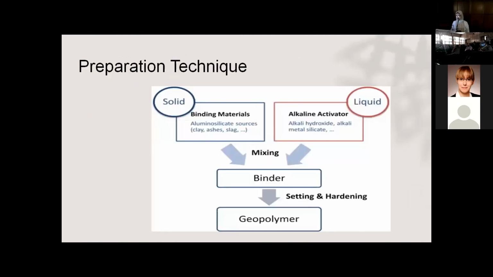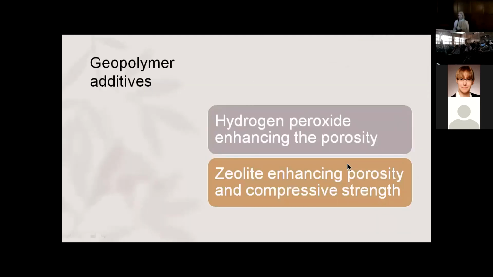The preparation technique consists of mainly two steps. The first one is mixing the solid and liquid raw material sources, and if we have additives, we add them also to form the binder. Then curing to consolidate this binder to form hard geopolymer. Some additives are added to the main raw materials to enhance certain properties according to the application.